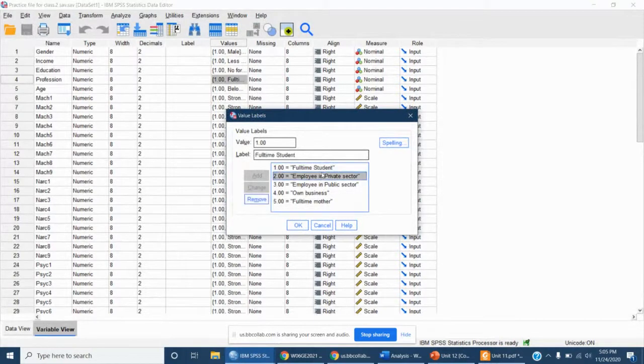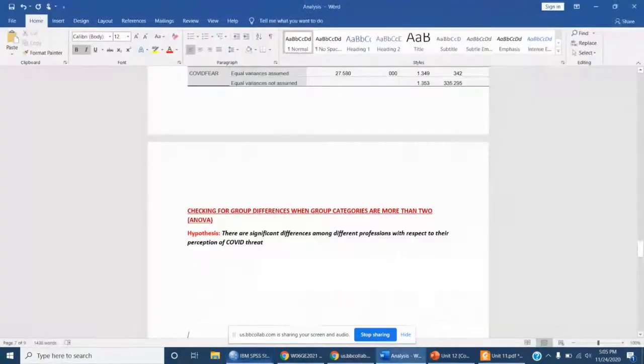We have 5 response categories here. So the hypothesis is that there are significant differences among different professions with respect to their perception of COVID threat. So we are stating that different professions will have different perception of coronavirus threat.